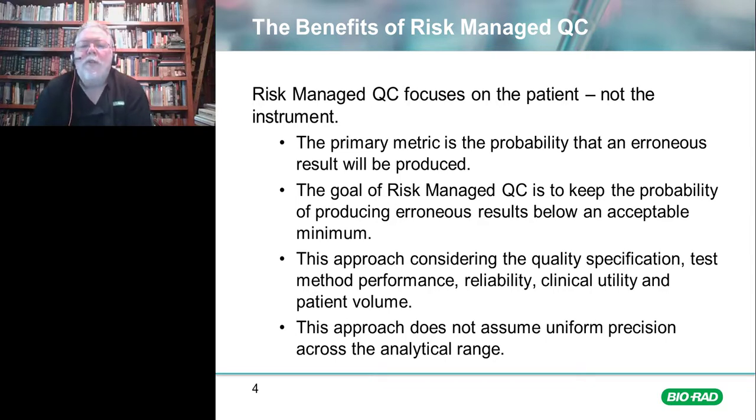So our QC strategy design revolves around how we determine if there is a problem on the instrument. And while that is certainly something that we're concerned about, it doesn't take into account things like how many patients are being tested, or the clinical utility of the test method in question. And there are many things that it simply doesn't consider when our focus is primarily on whether there is a problem with the instrument.